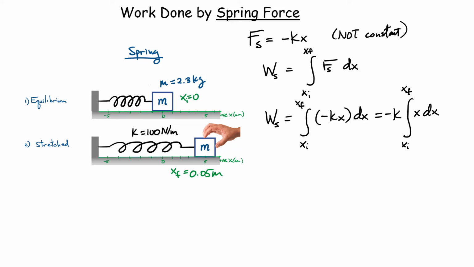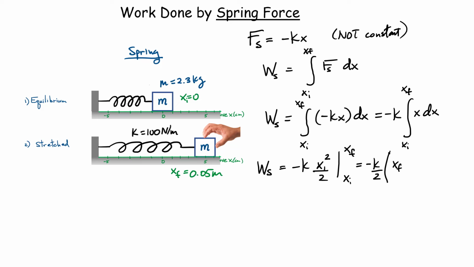All right, if you've taken calculus, this is actually a really easy term to evaluate. The only thing you have to do is just increase the power. So it's x squared over 2, and you have to evaluate that between those limits. So you get minus k, and now I'll take the 2 out, and I just put in these limits over here.